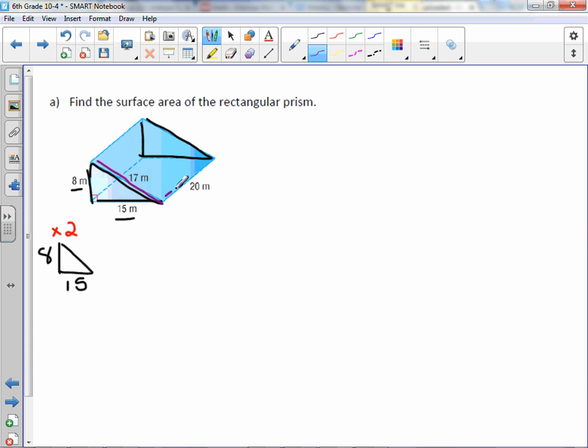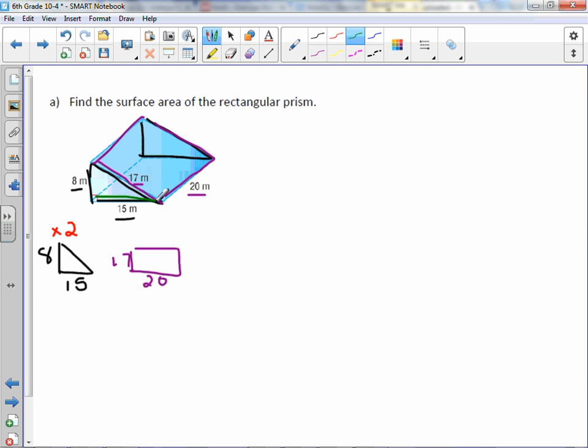This rectangle has a base and height of 20 and 17. And as far as I know, I only have 1 of them.